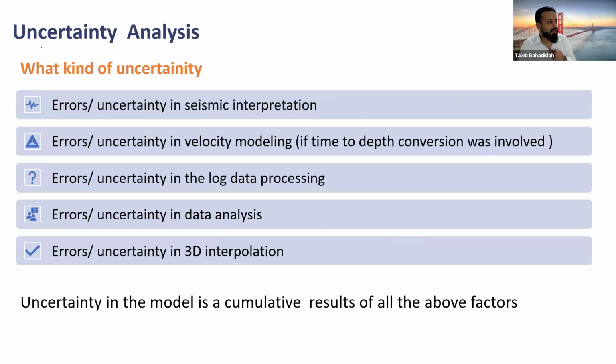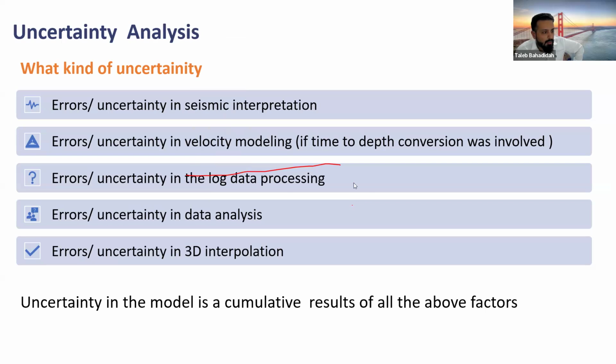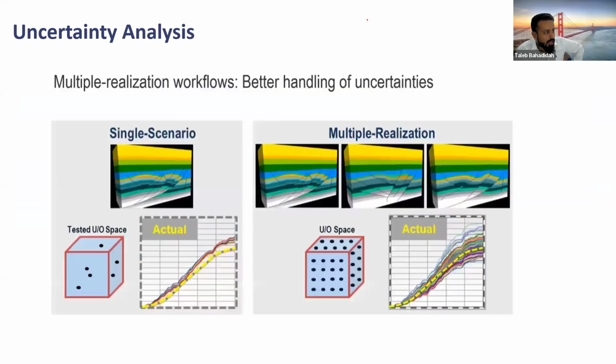And here we are doing the kind of uncertainty in the seismic interpretation, in the velocity model, in the log data processing, in the data analysis, also in the 3D interpolation. This is the type of uncertainty we are doing. And it is better to have different realizations than one.